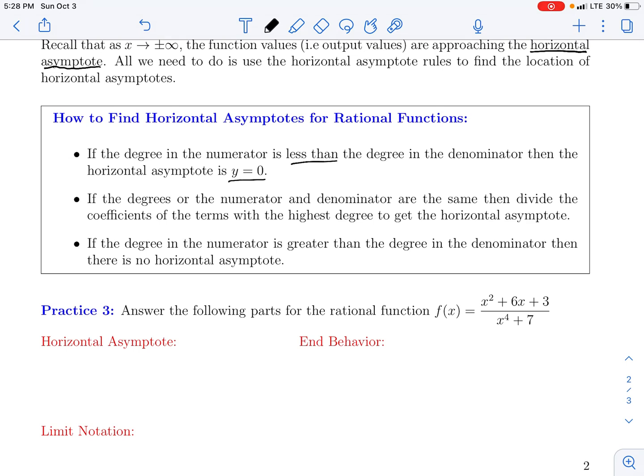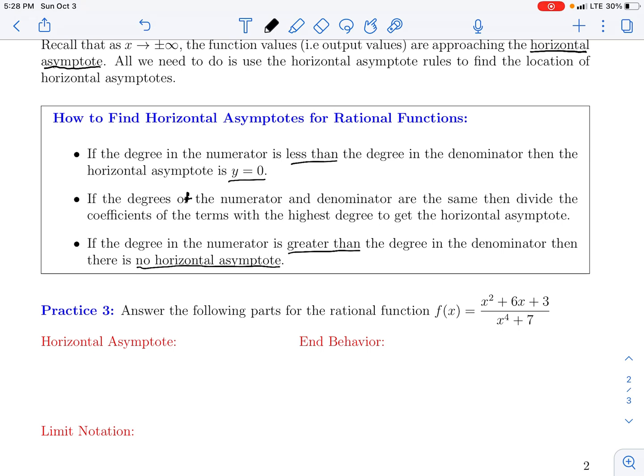If the degrees of the numerator and denominator are the same, then divide the coefficients of the terms with the highest degree to get the horizontal asymptote. And if the degree in the numerator is greater than the degree in the denominator, then there is no horizontal asymptote. Those were the three cases.